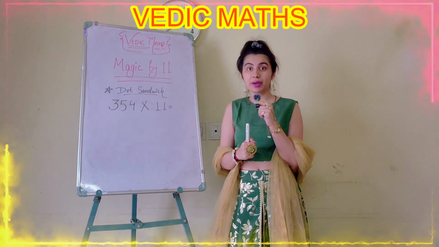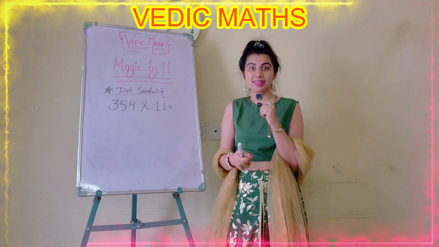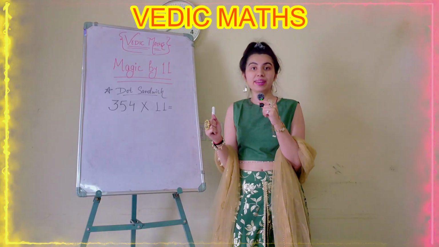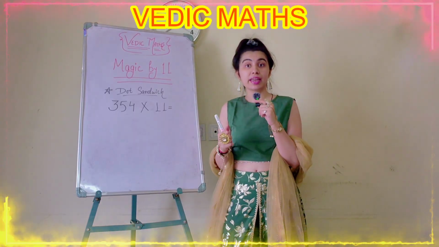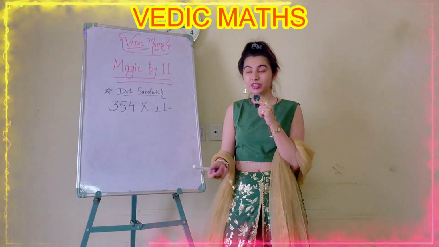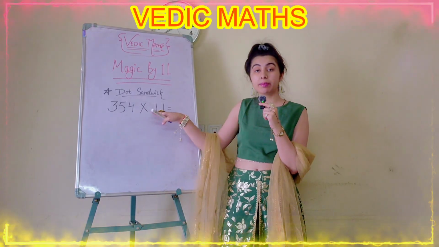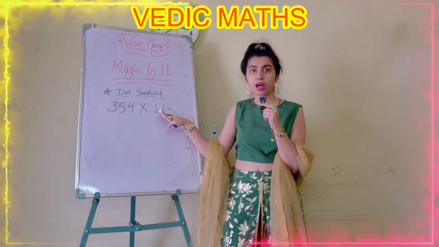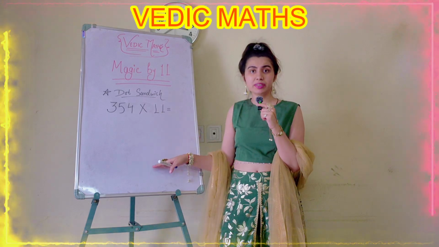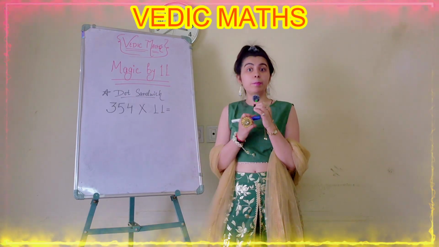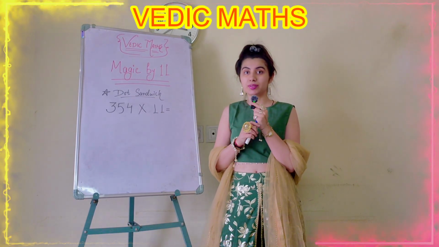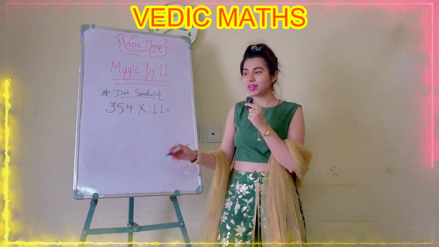Now what does it comprise? Let's begin by taking an example. What's the first question? This is 354 multiplied by 11. Now how are we going to do it? With the traditional method, it's going to take long, but with Vedic maths, it's going to take a few seconds.